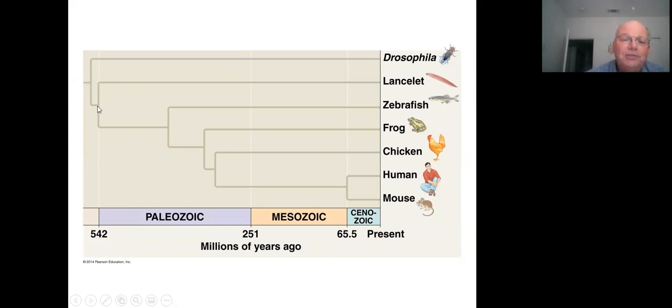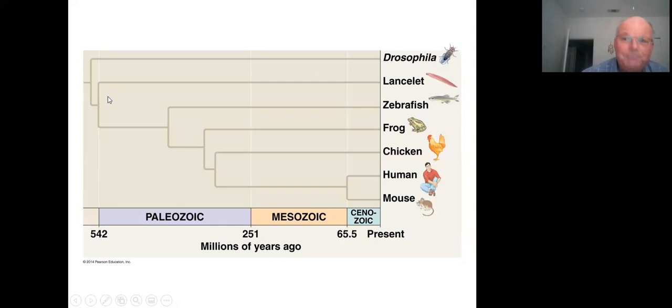Then we see the divergence of lancelets as invertebrate chordates from the common chordate ancestor during or right at the beginning of the Cambrian. So 542 million years ago marks the beginning of the Cambrian and of course the onset of the Cambrian explosion, that period of time where we see a huge diversification of the animal kingdom.